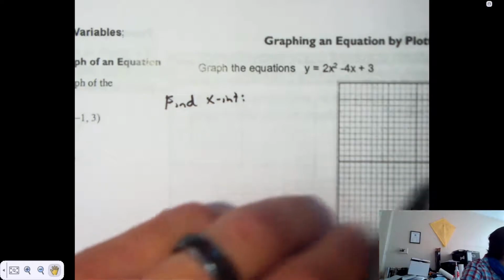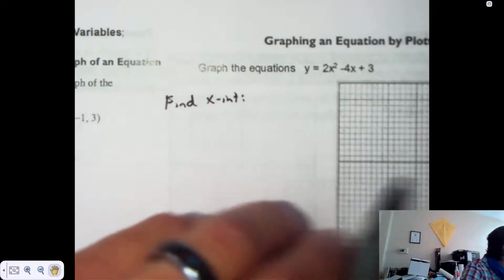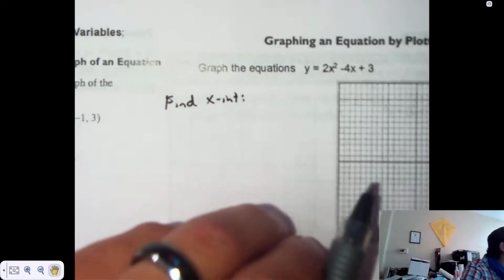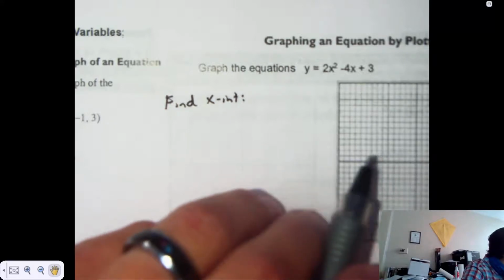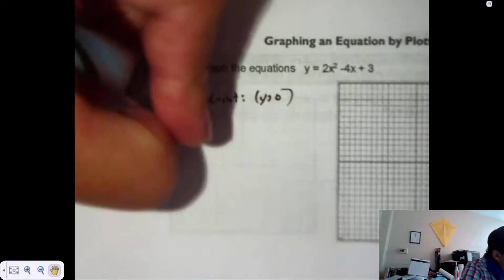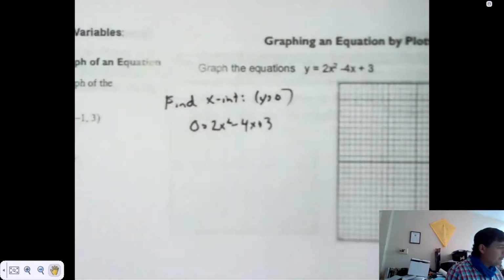What do you know is true at the x-axis? Y equals what? 0. So 0 equals 2x squared minus 4x plus 3. Figure out your zeros if they exist. They may not exist.